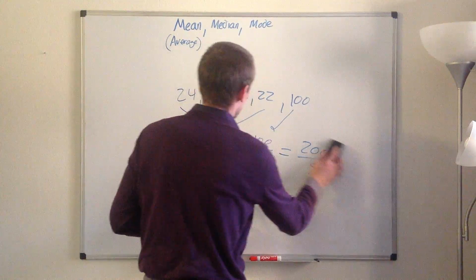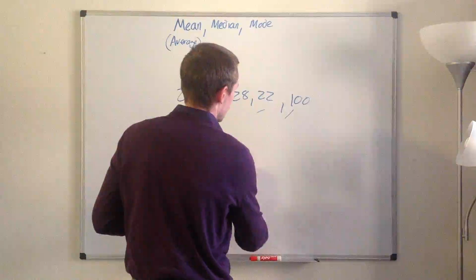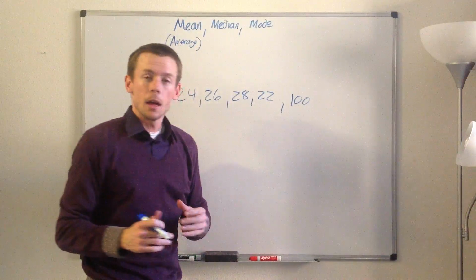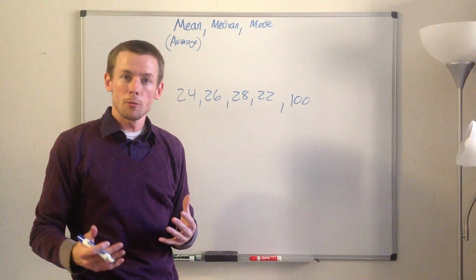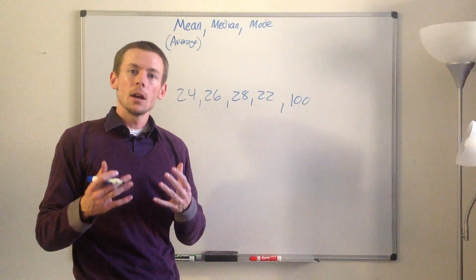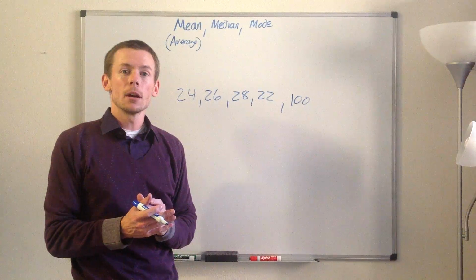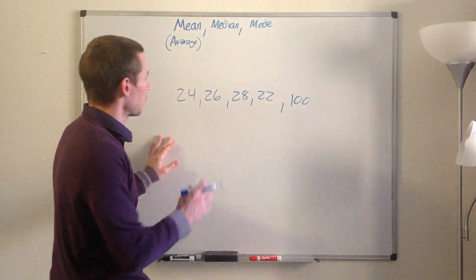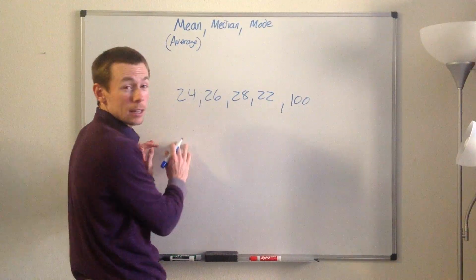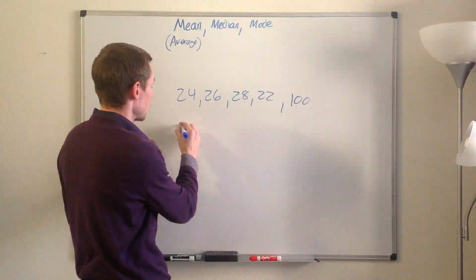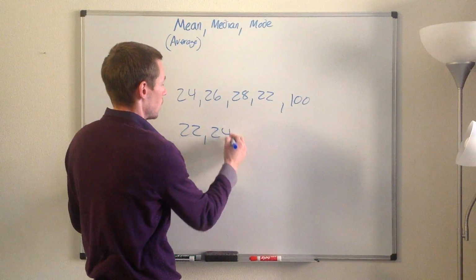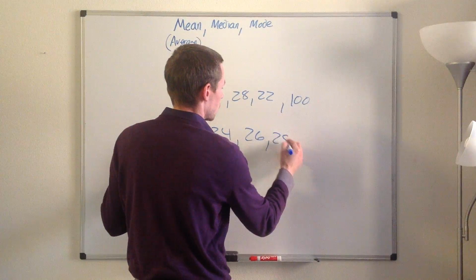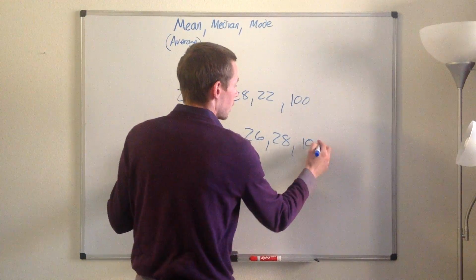So to get around that, the concept of median is helpful. In the concept of median, what you're looking for is the middle number of a set of data when they're listed from least to greatest. So for instance, I'm going to take this data set and list it from the least to the greatest. So 22, 24, 26, 28, and 100.